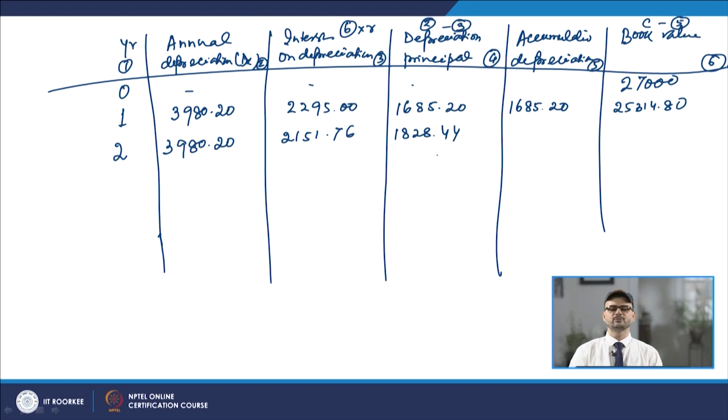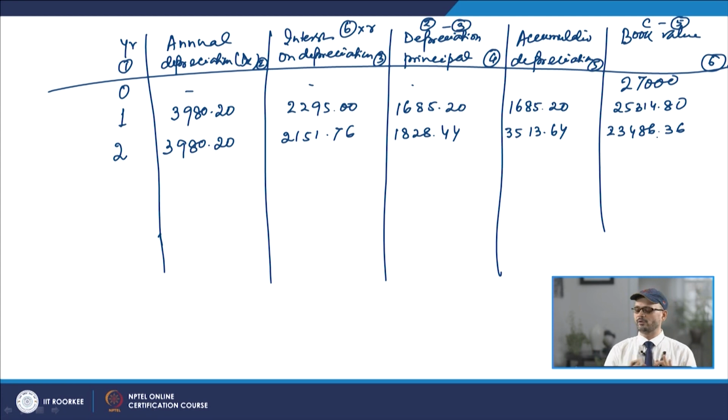That will be added, so the accumulated depreciation will be 3513.64, and your book value will be 27,000 minus 3513.64, which is 23,486.36. That is how the depreciation schedule will go.